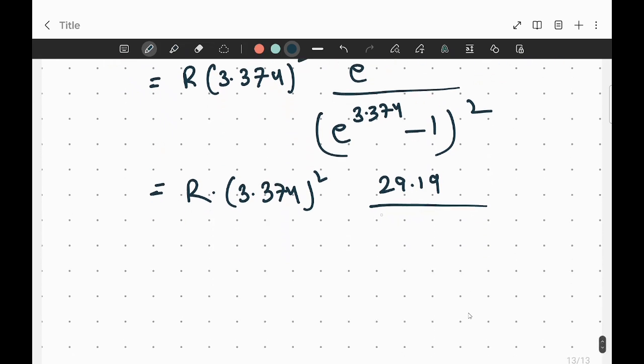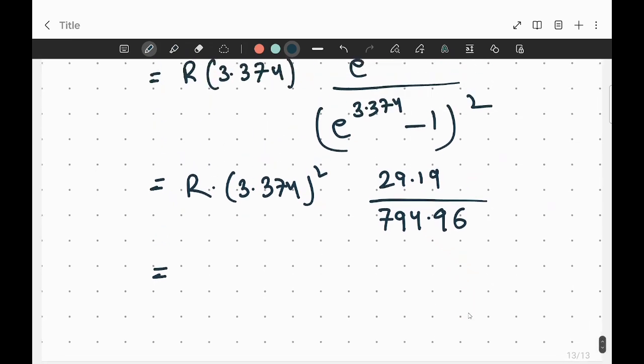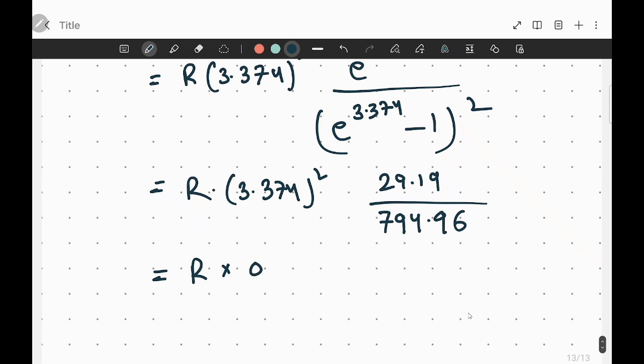And it is 794.96. So this will be now 2.37. It is R into, you can check by your own as well, 418.